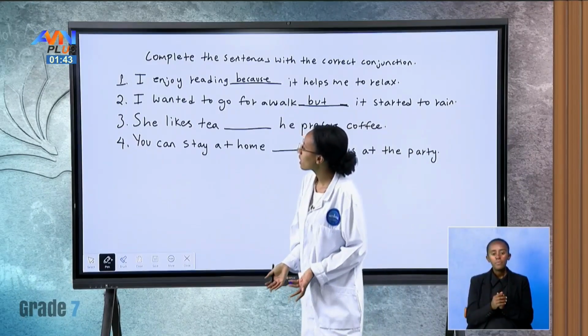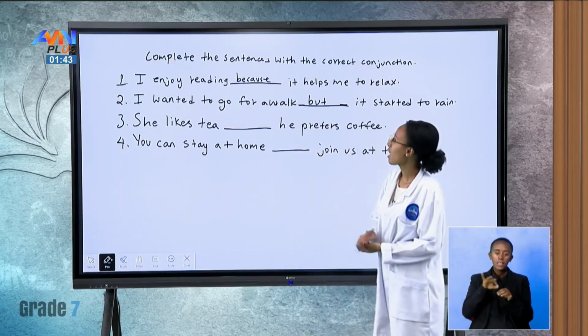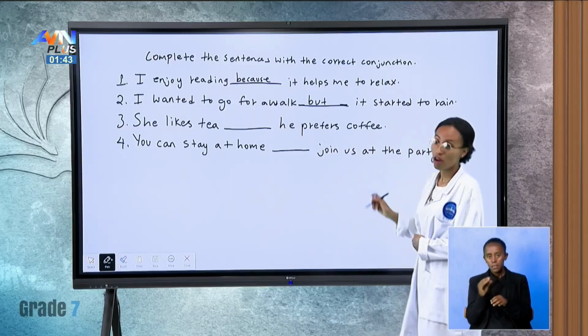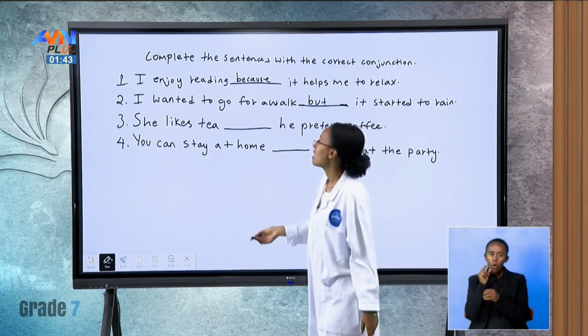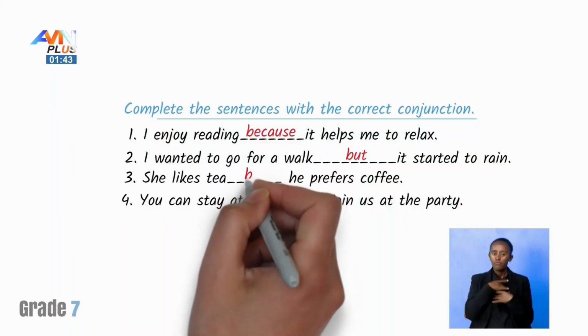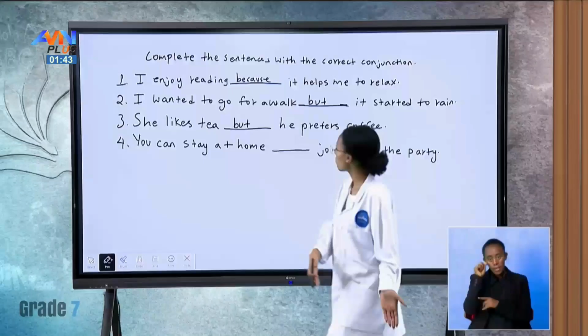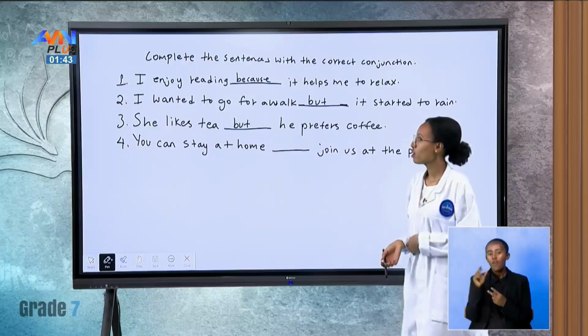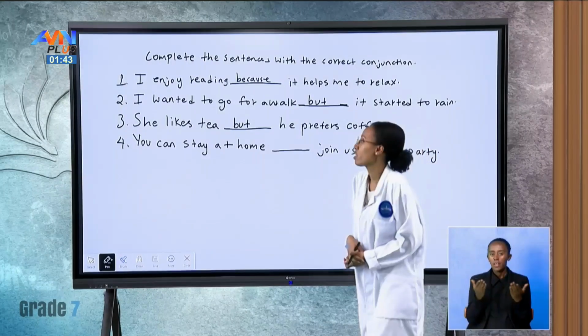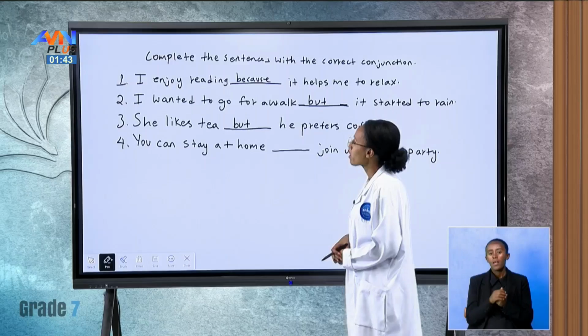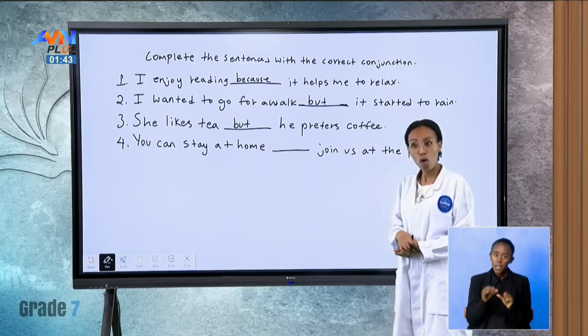Number 3: she likes tea and he prefers coffee. So two, again, negating ideas. She likes tea, but he prefers coffee. So two people liking two different things, opposition. Okay, number 4, you can stay at home.